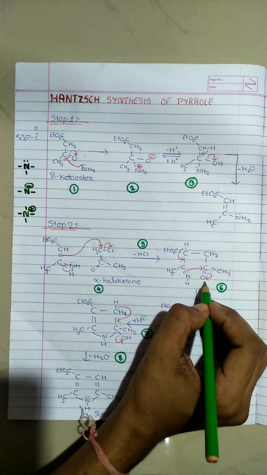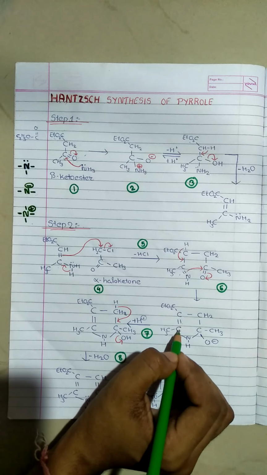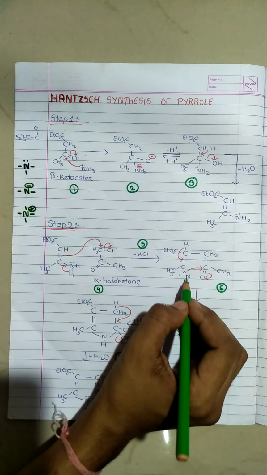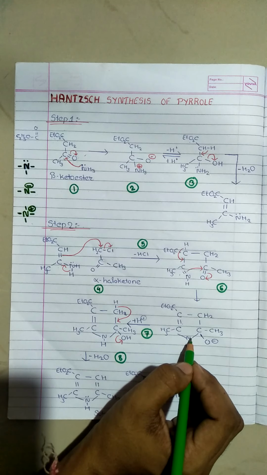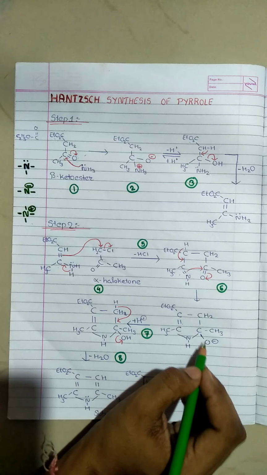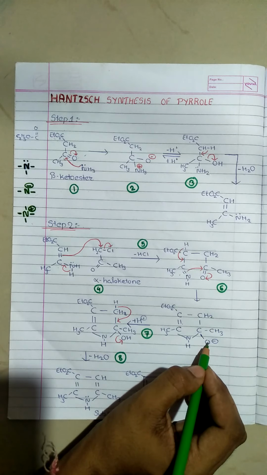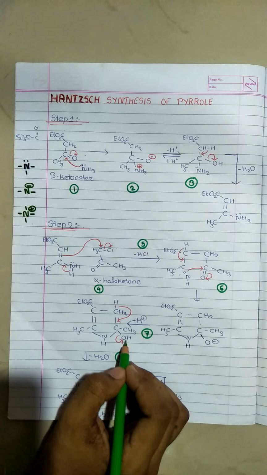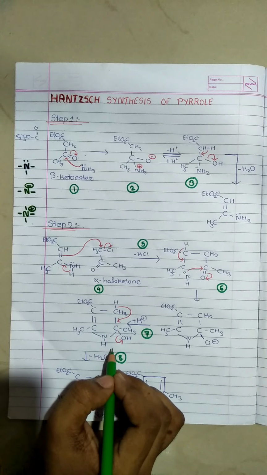The hydrogen is removed from this carbon and a double bond is formed between these two carbons, and this double bond forms a new bond with this nitrogen and carbon, and over oxygen a negative charge appears. Now protonation takes place. One hydrogen is added to this oxygen. The rest of the structure is the same.